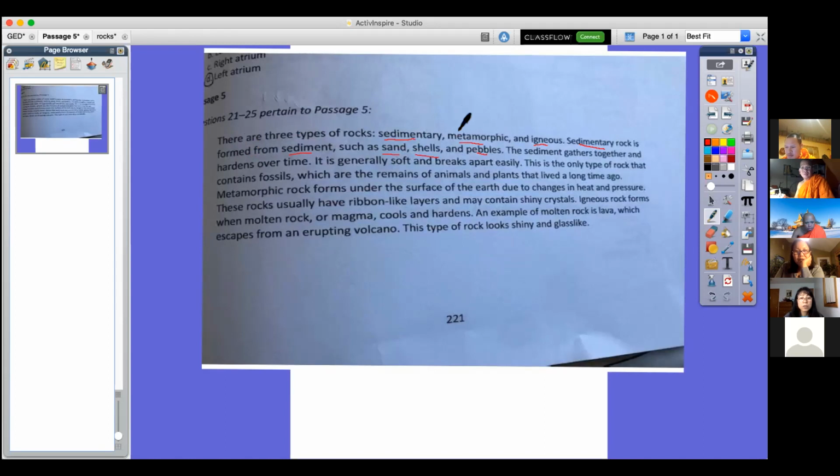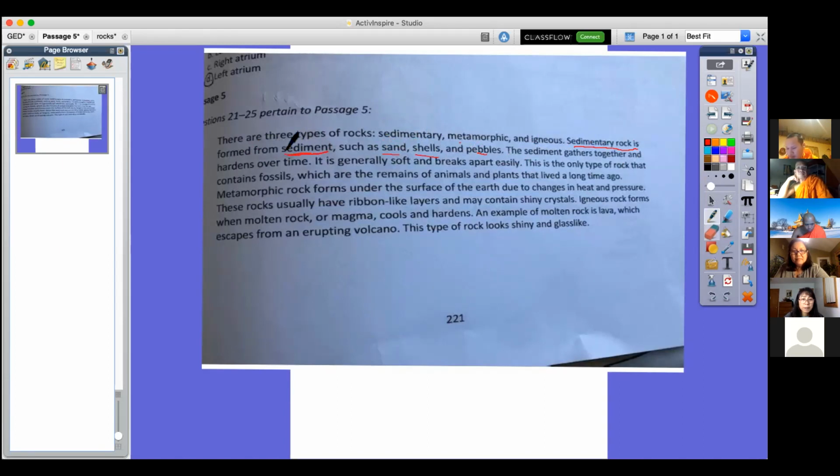Okay, so here's what happened. Sedimentary rock is formed from sediment.